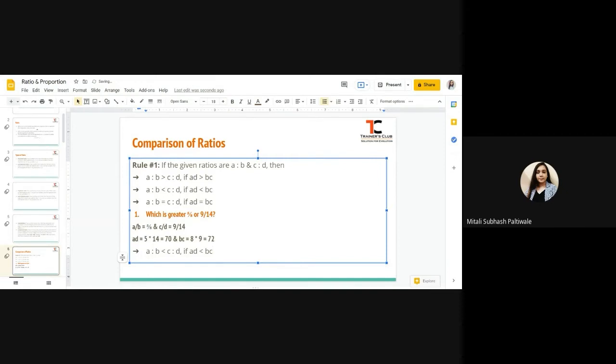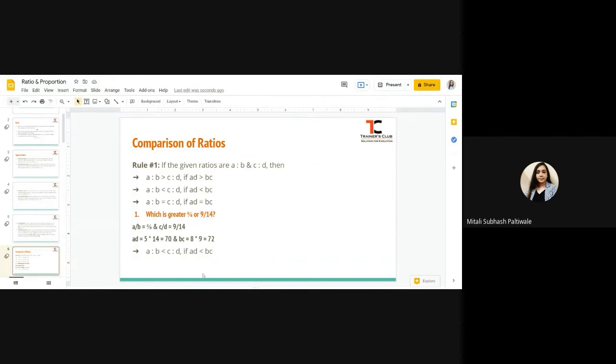We are getting this ratio which is showing us that BC is greater than AD. So that means undoubtedly we can say that C by D is greater than A by B. So okay, 9 by 14 is greater than, sorry, A by B.